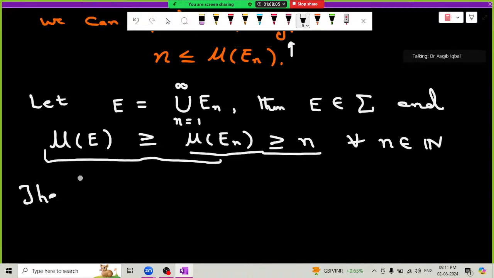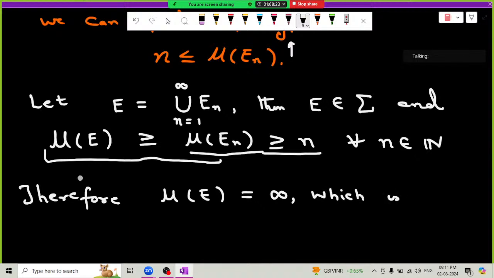Therefore, mu of E, because it's greater or equal to every natural number, so it must be infinity. And this is a contradiction. क्यों है contradiction?